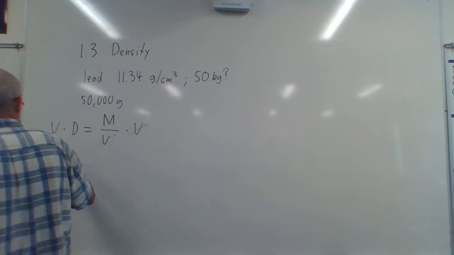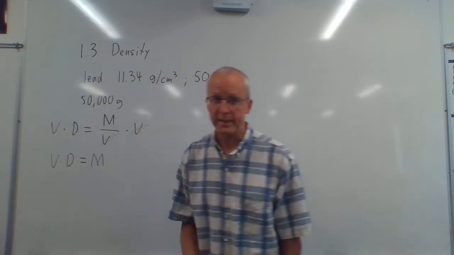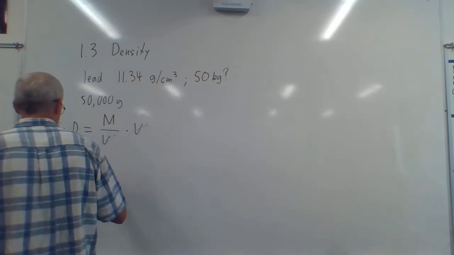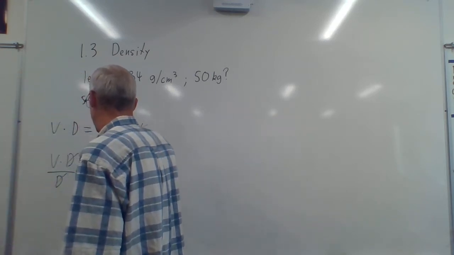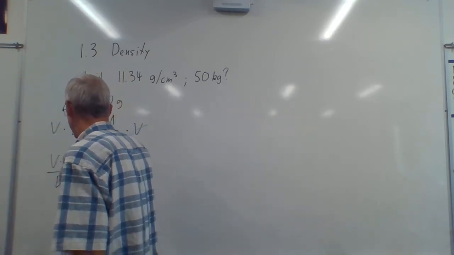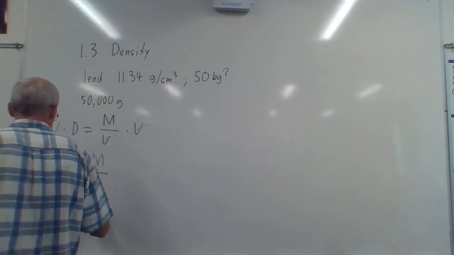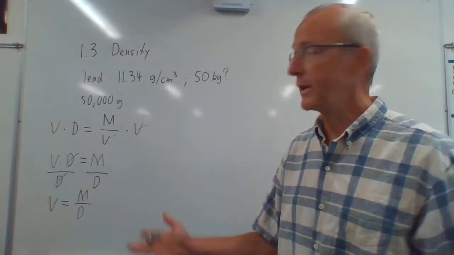So we have V times D equals M. We want the volume by itself, so we divide both sides by D. Now we have only the volume left over here. So volume is equal to the mass divided by density. That's the long algebra way to do it, but it always works.